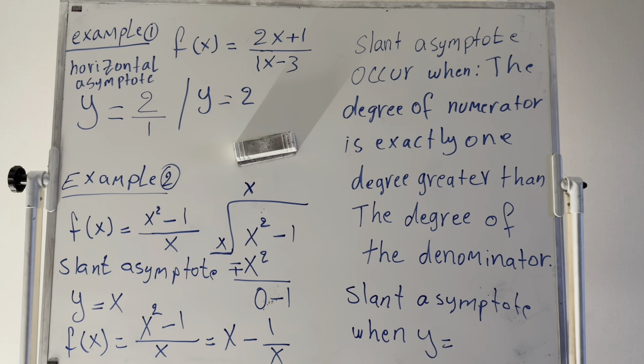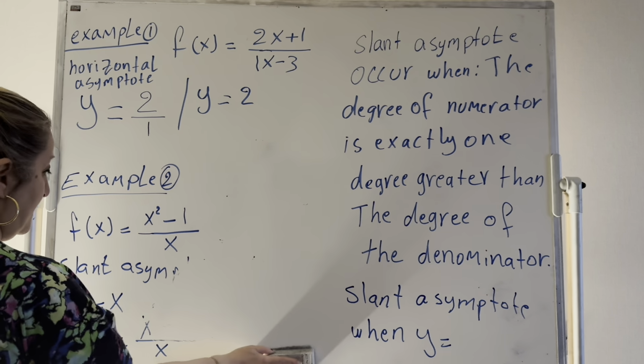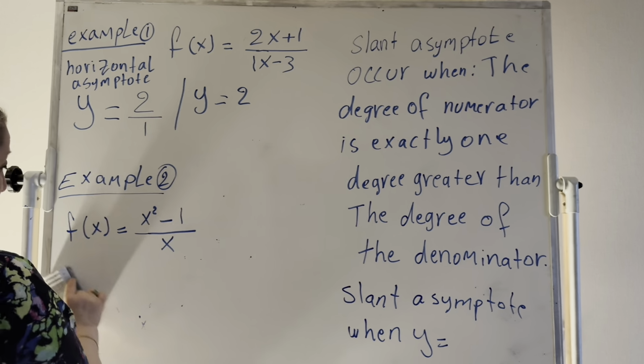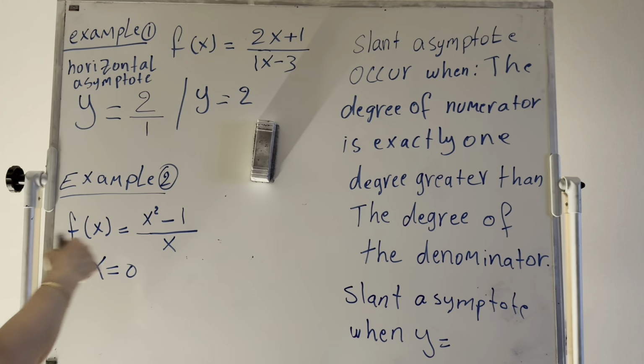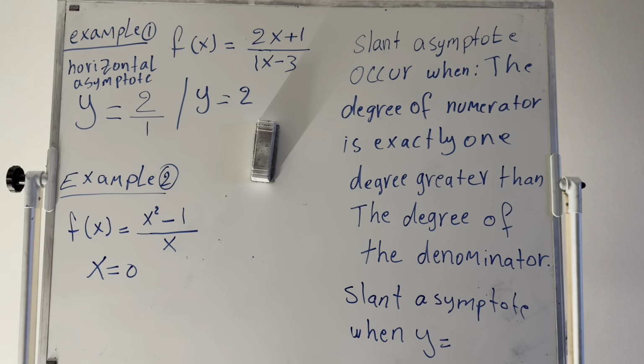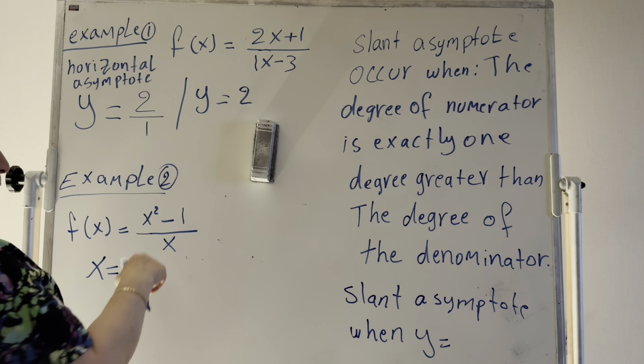If I look at this function, I think it has a vertical asymptote also. When x equals 0, the function is undefined.